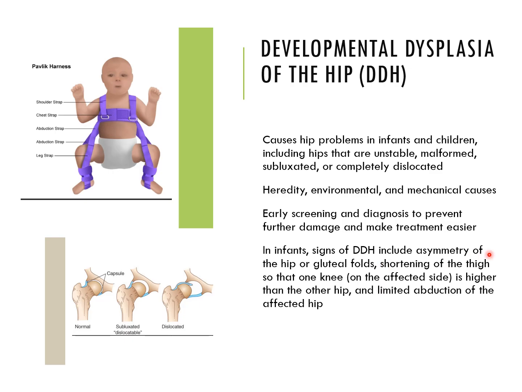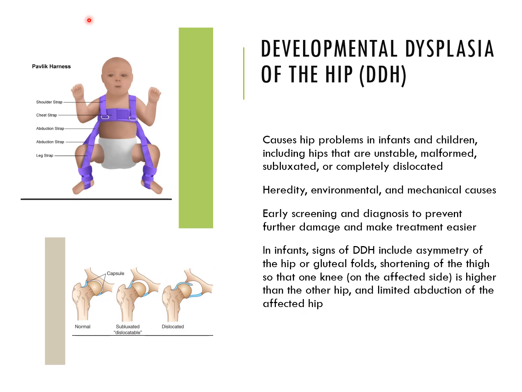Early screening and diagnosis is really essential in DDH to prevent any further damage to that hip bone itself. And the earlier we can diagnose DDH, the more easily we can treat it, the more easily we can realign those hips to prevent further problems later. Treatment at any age includes reduction of any dislocation. So we'd have to get that hip moved back into that seating position.